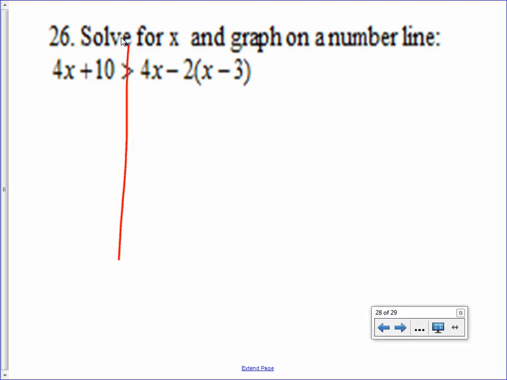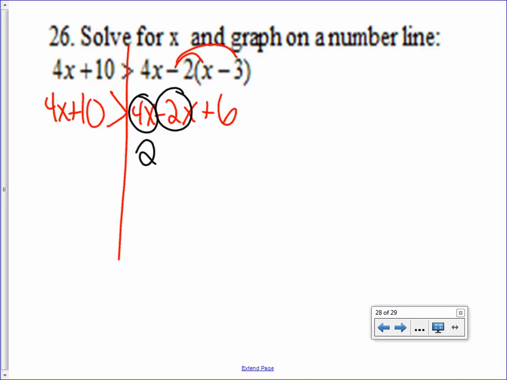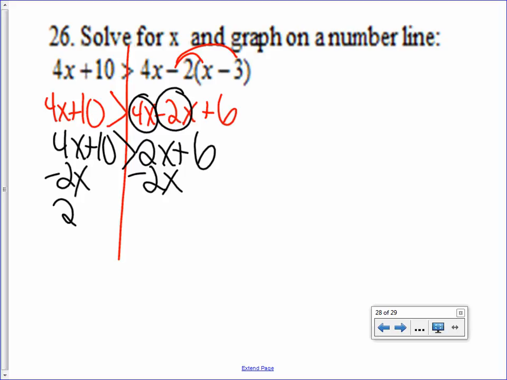No fractions. Yes, there are parentheses, so I distribute. Again, I'm distributing the negative 2, not just the 2. Negative 2x plus 6. Combine like terms. Nothing on the left. However, on the right, I have 4x and negative 2x, which is positive 2x. Bring all x to one side.